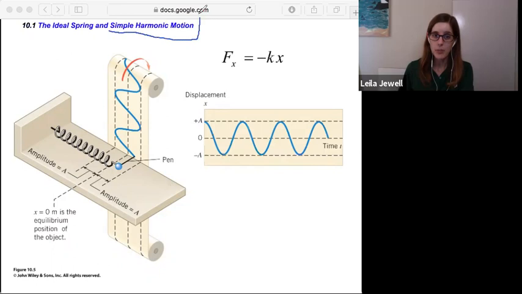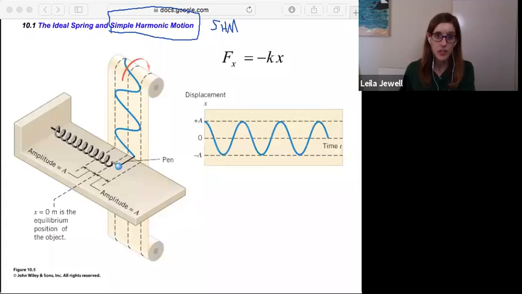We see simple harmonic motion anytime we have a force that follows this form, negative kx, which is known as a restoring force, and we have a frictionless setup. Then that's our simple harmonic motion, which sometimes is abbreviated as SHM.